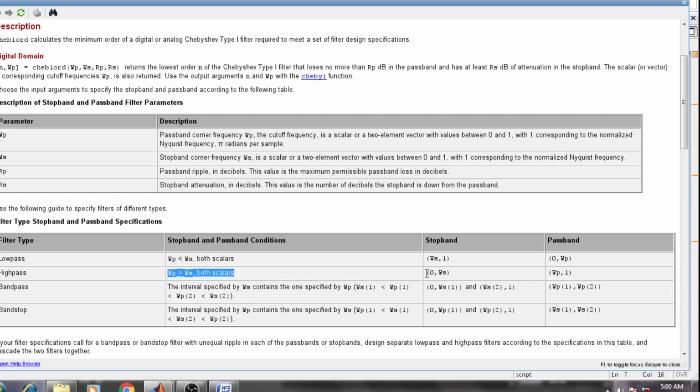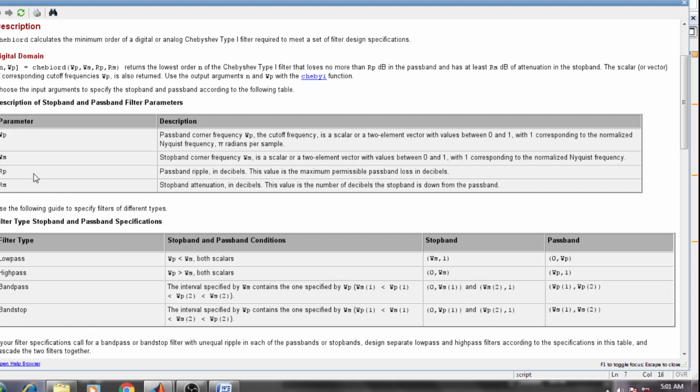For the stopband it is written [0, Ws], and for the passband it is written [Wp, 1]. This is the way of declaration of low pass and high pass filters. Similarly, if you are interested in band pass as well as band stop, then the declaration will look like this.